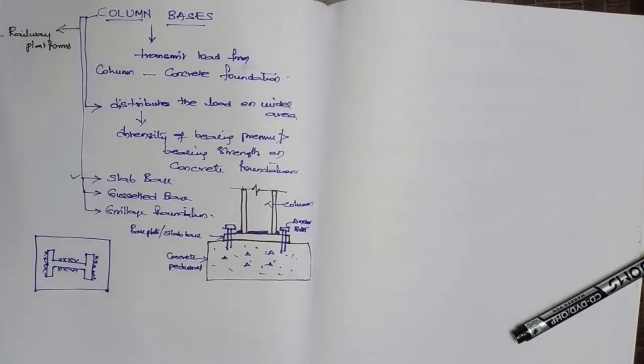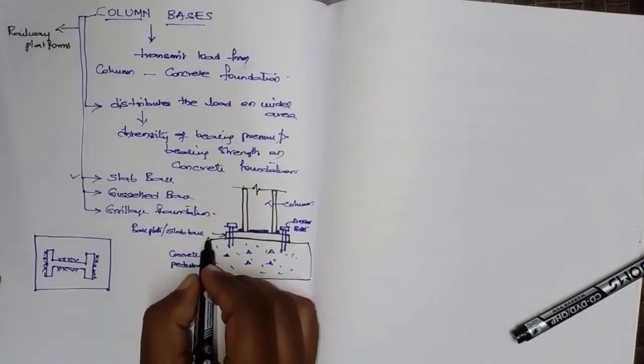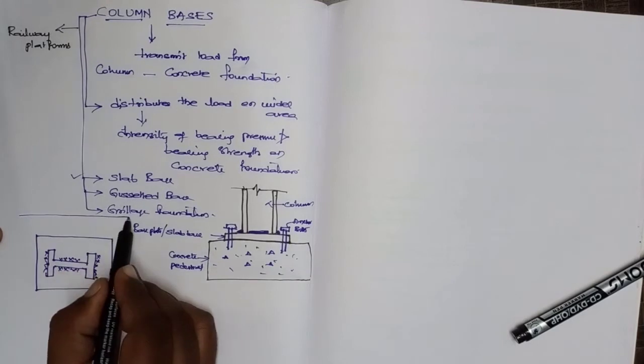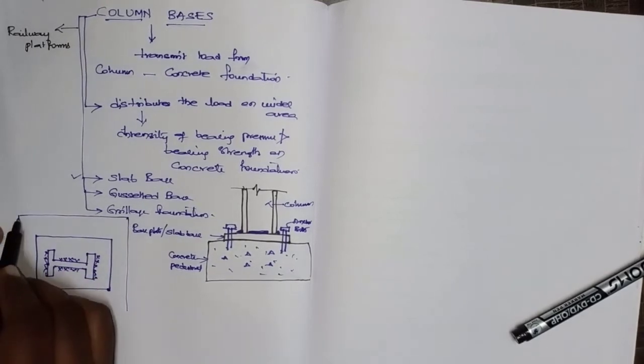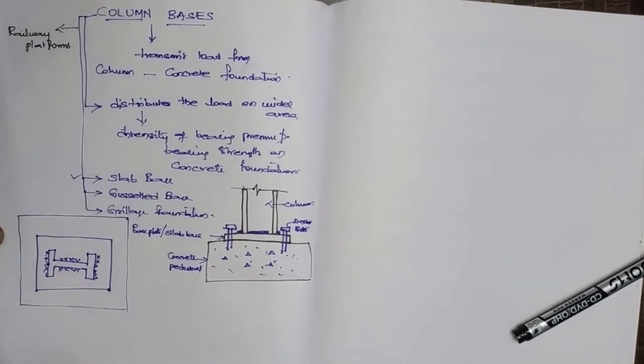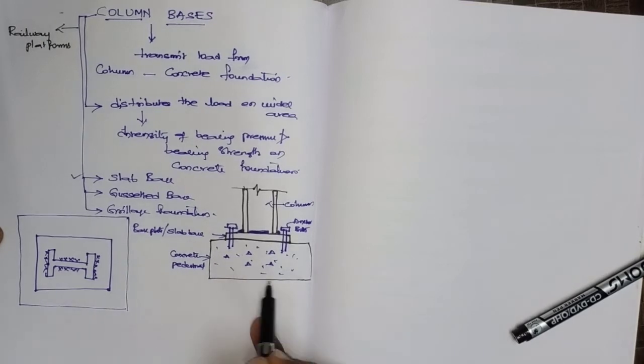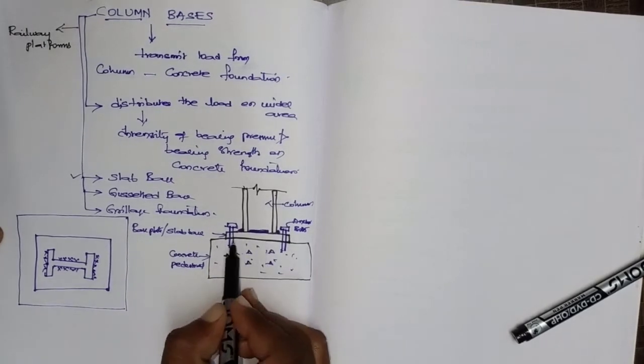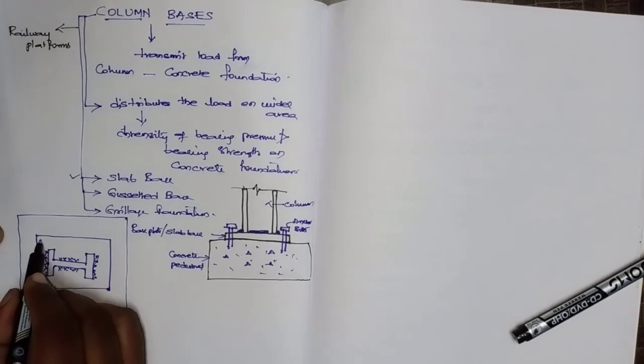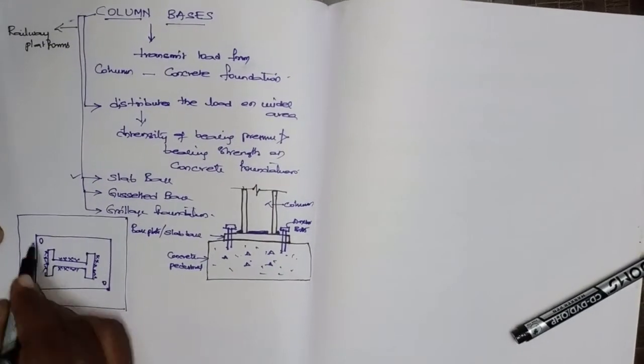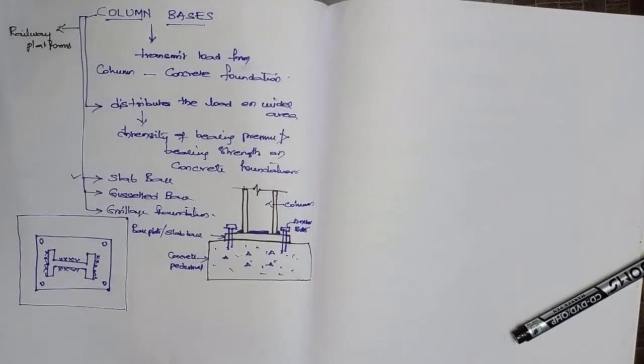Under this slab base you have a concrete pedestal. To this concrete pedestal, the base plate is fixed with bolts. So it may be 2-side or 4-side, it depends upon the loading. Okay, so this is the basic.